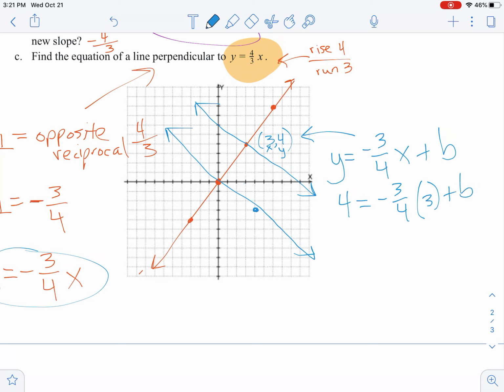We can solve for b here. So now I would get 4 equals -9/4, because -3 times 3 is -9, plus b, and then I would add 9/4 to find b. I'm going to go ahead and use my calculator for this one. 4 plus 9/4 would give us 6.25.